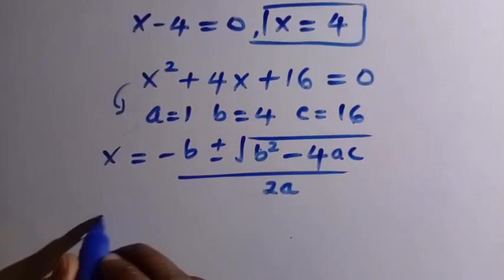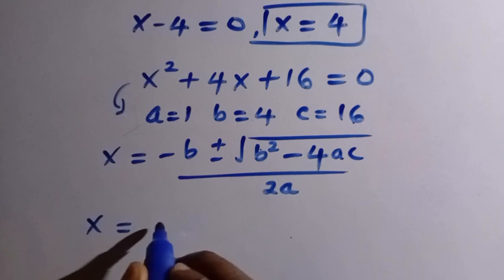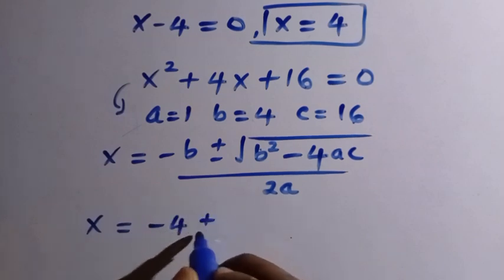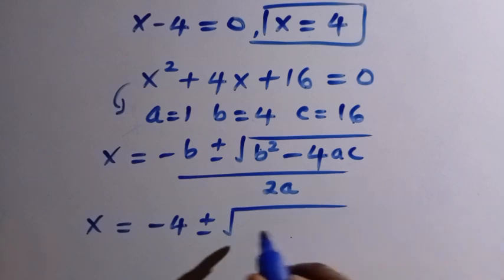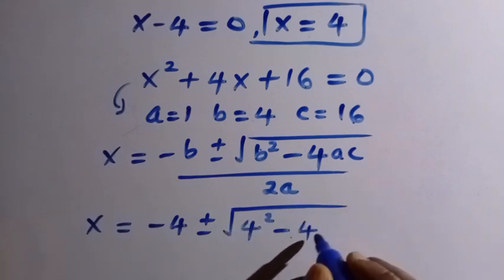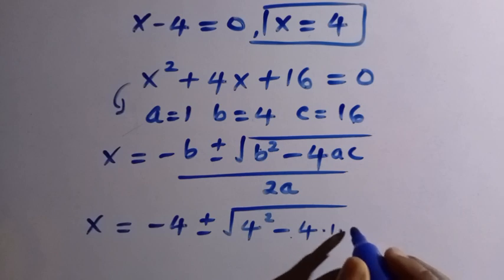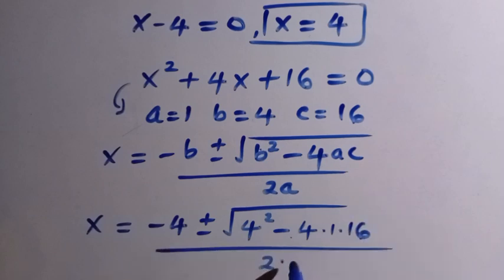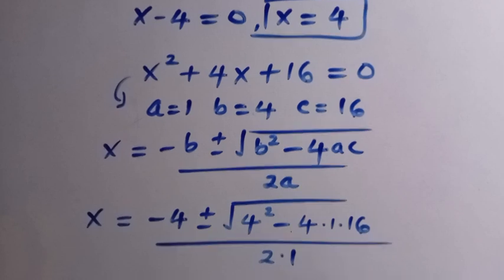And we start inputting these values. x equals minus 4 plus or minus square root of 4 squared minus 4 multiplied by 1 multiplied by 16, divided by 2 times 1.